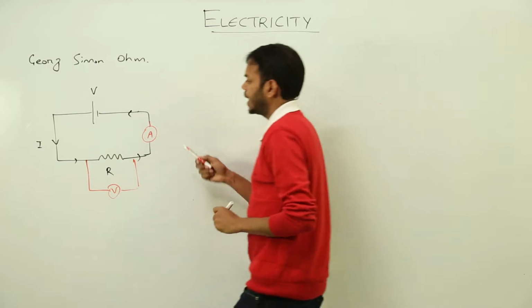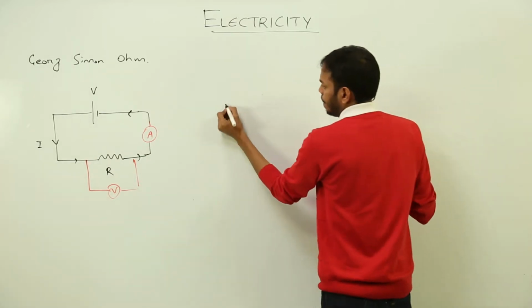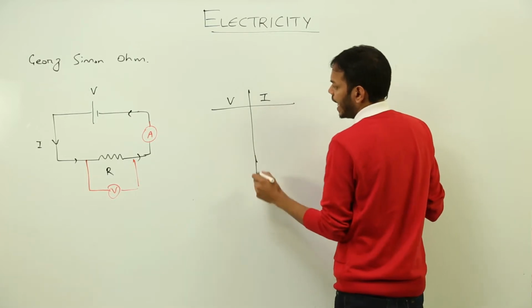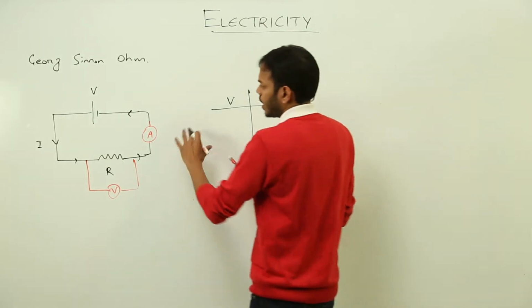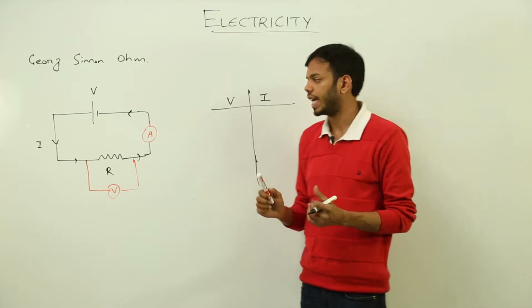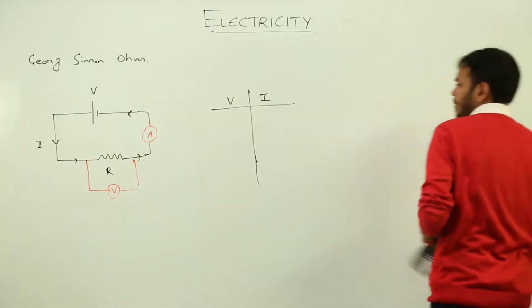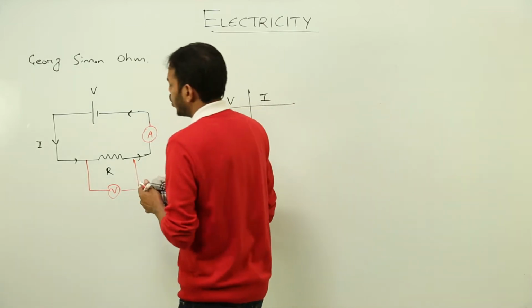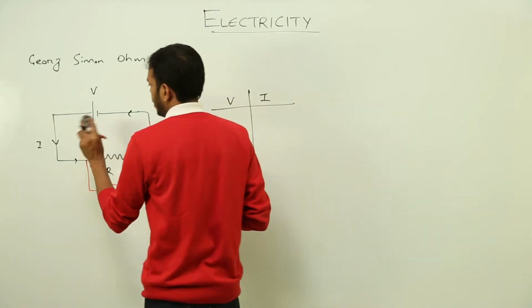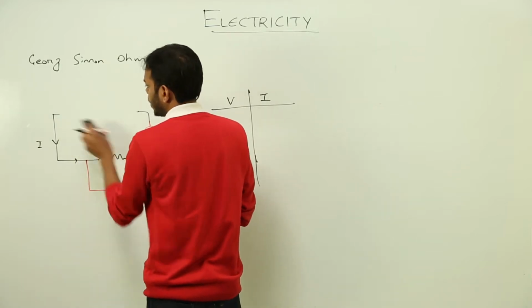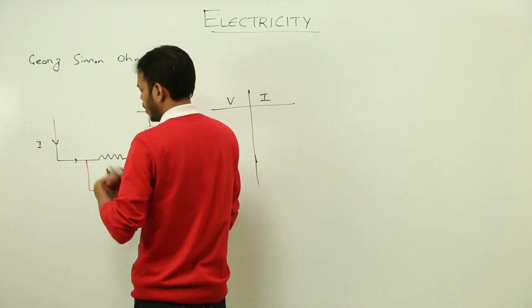What he did, he measured the value of voltage and current and put it in a tabular form in this circuit. But he was not satisfied. What he did now, what he changed in the circuit was, he kept the ammeter and voltmeter and resistor as it is, but this thing was changed. This is how it went for him.